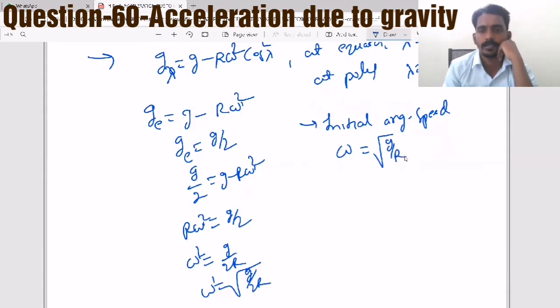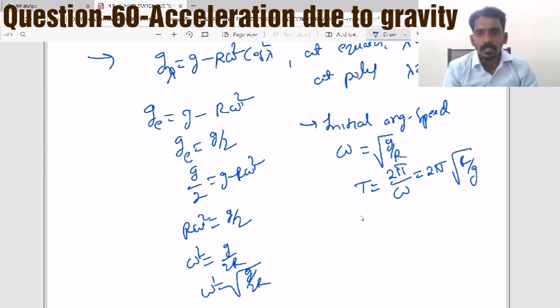Root G by R. Or else you can take directly, time period equal to 2 pi by omega. So 2 pi root of R by G.